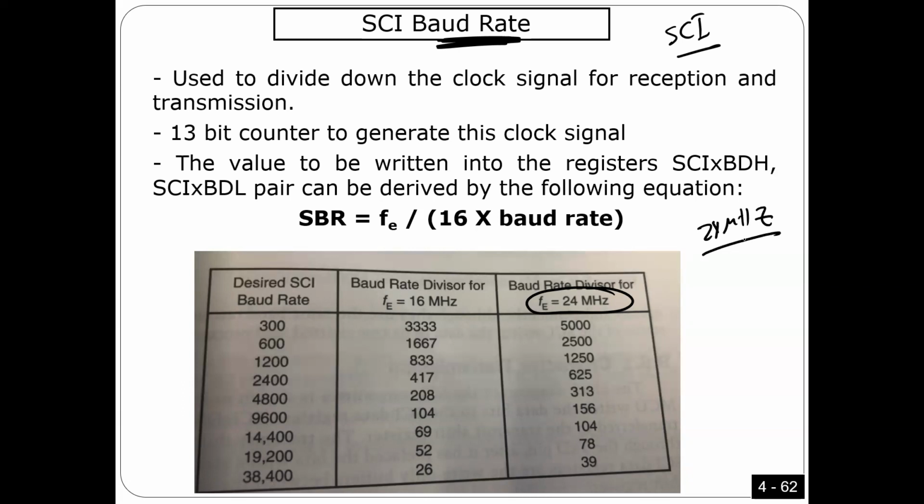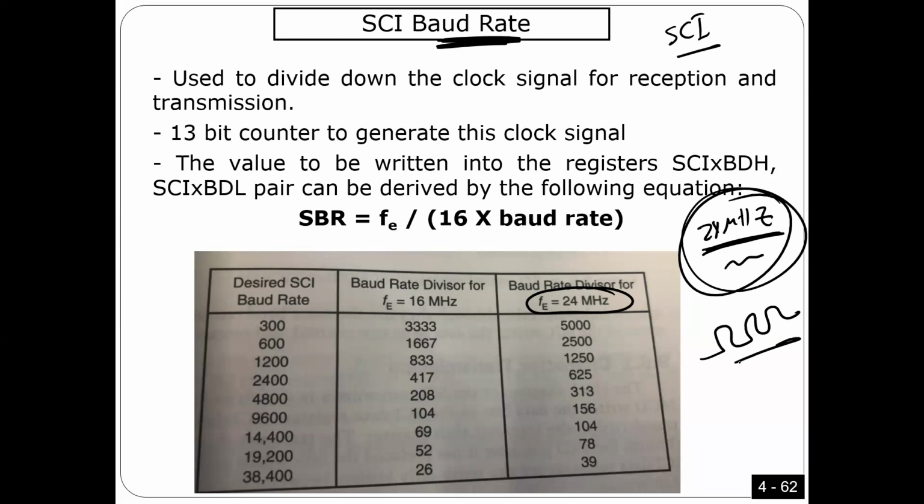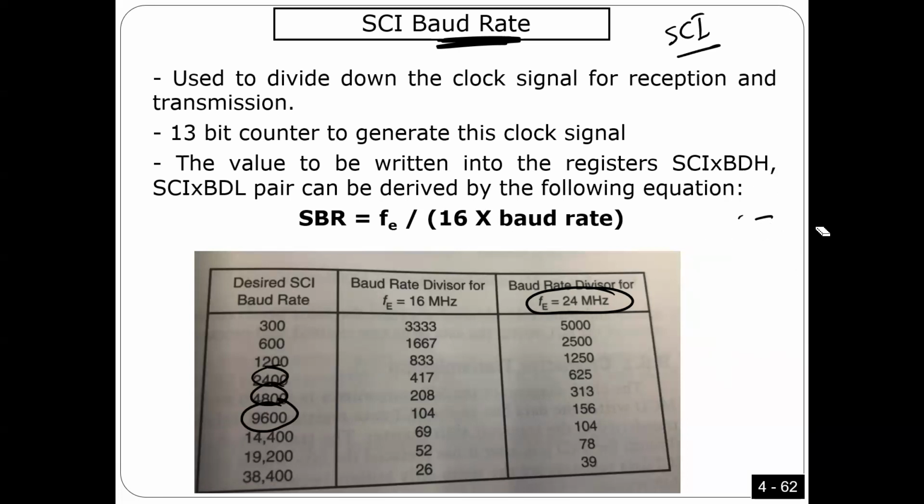What they do is divide this clock by a certain value in order to generate the clock that's going to be used for the serial communication. So I'm going to take the main clock and divide it by some value. After I divide it, I get a clock for transmission. Here in the table, for example, I use two values, one for 16 and one for 24.